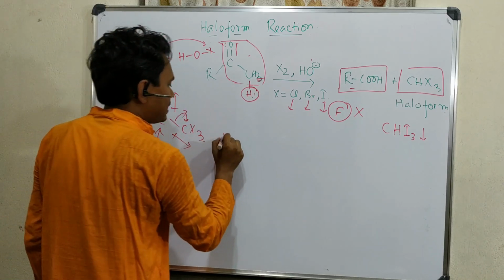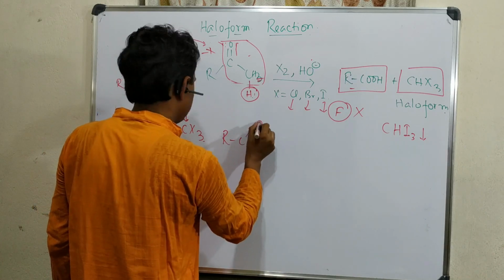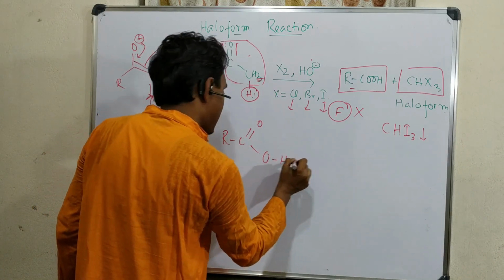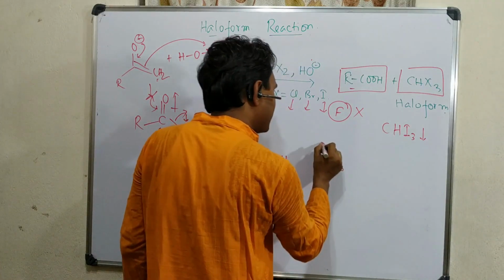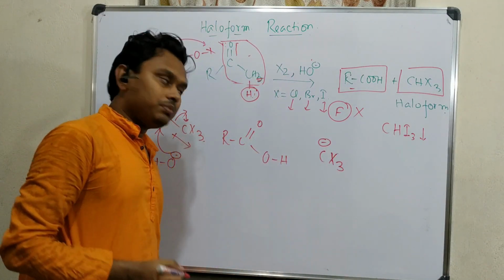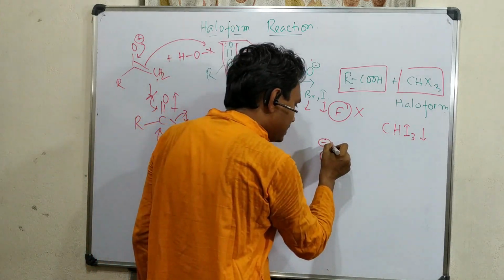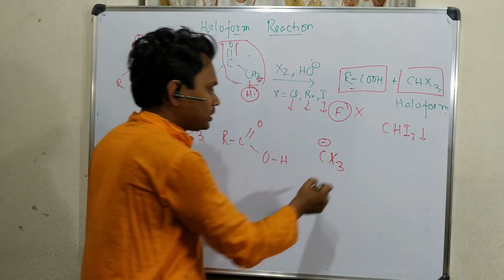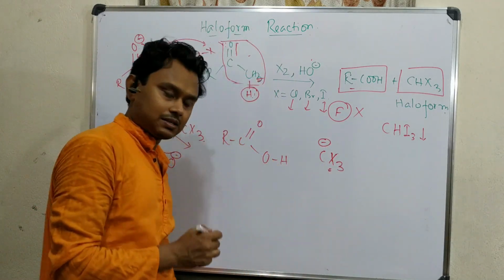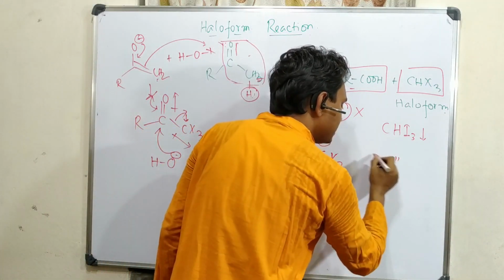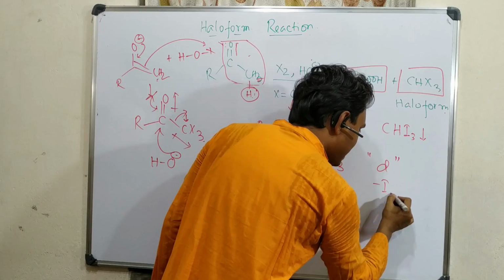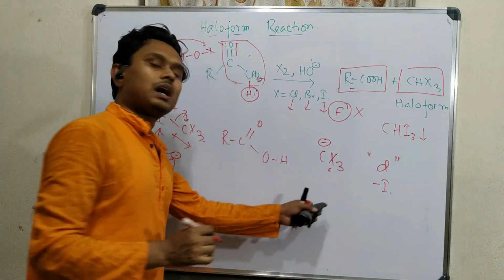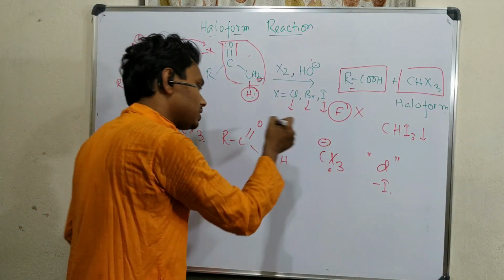It comes out and produces RCOOH and CX3 minus. Now the question is, how does it stabilize? Because of delocalization of this negative charge over the vacant d orbital of X. First of all the d orbital, and second, the minus I effect of X. So in this way this carbon is stabilized, and this negative charge is stabilized.